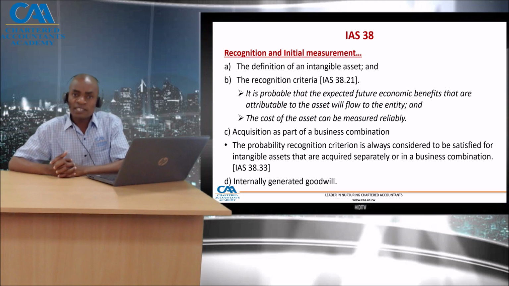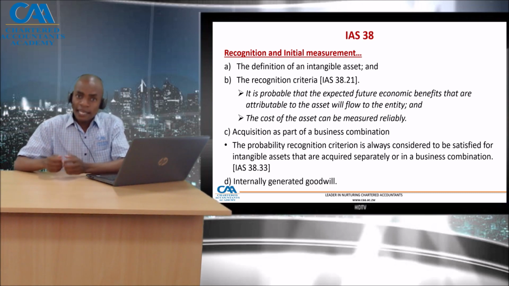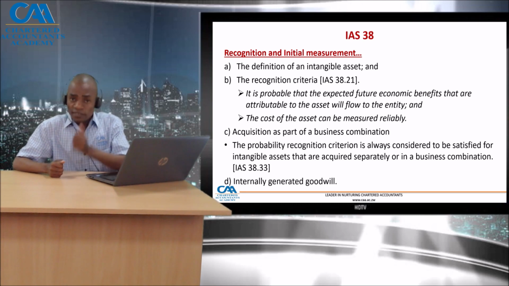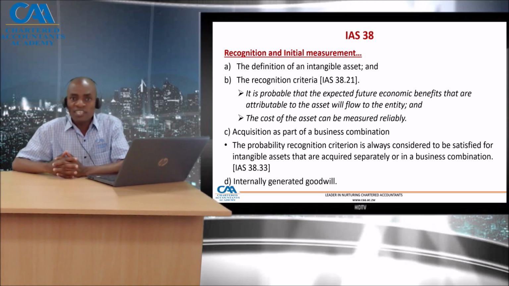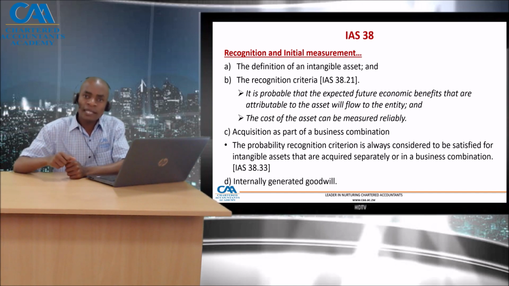Then we have got a situation of internally generated goodwill. Internally generated goodwill is not regarded as an intangible asset as per International Accounting Standard number 38. The reason being, it fails to meet the definition of an intangible asset, and it fails the identifiable part.